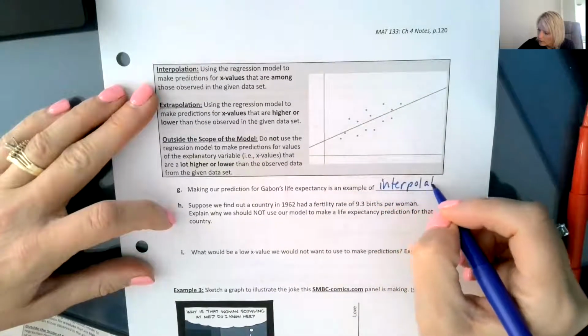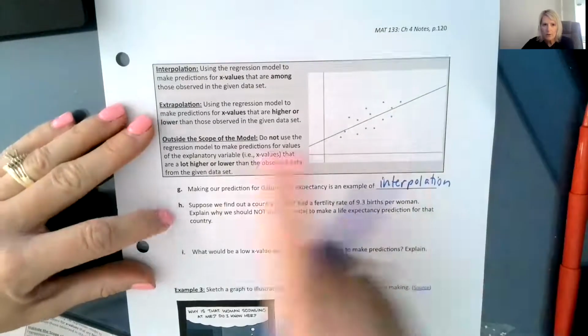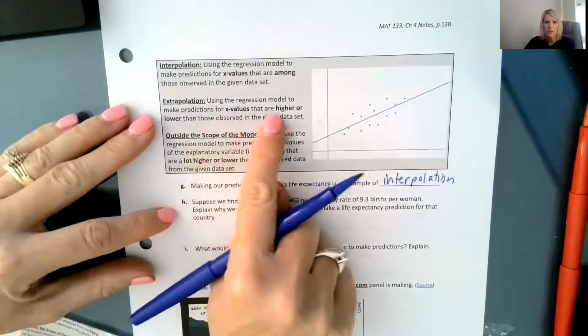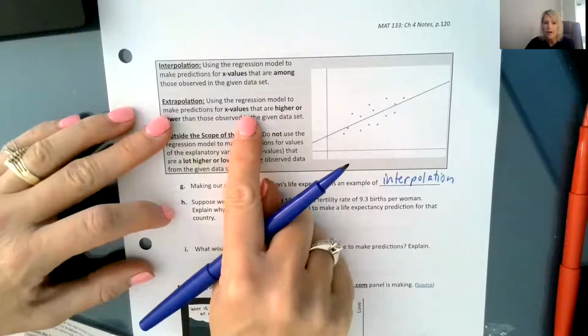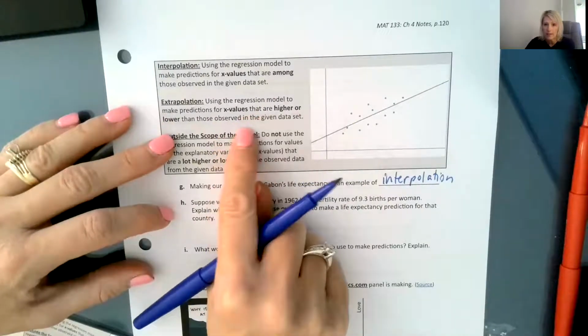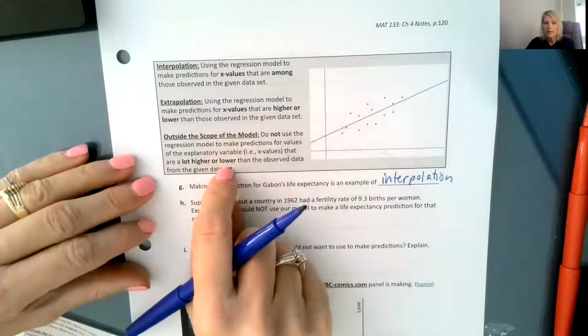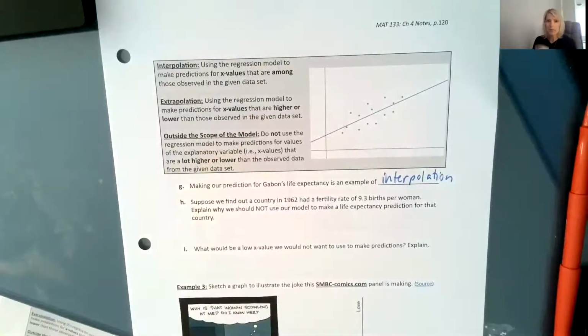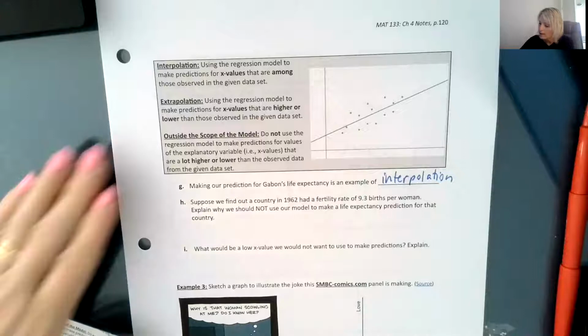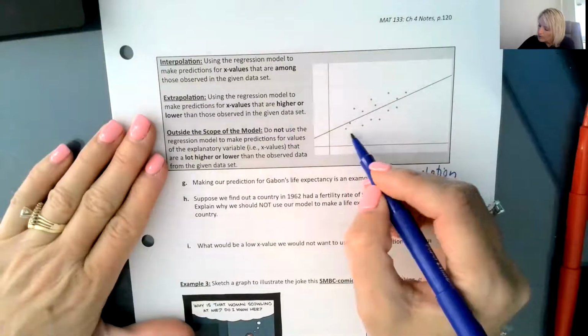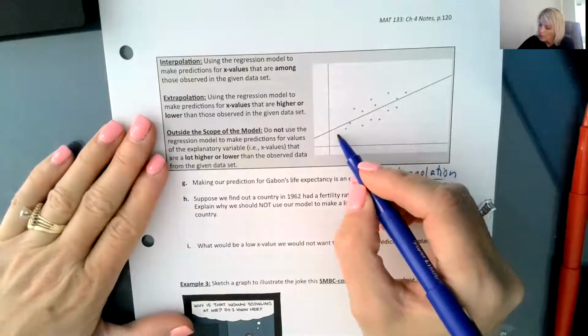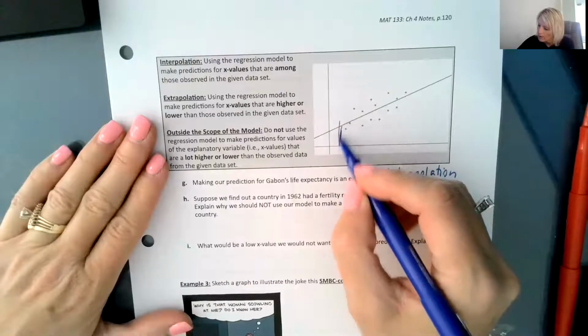Extrapolation is using the regression model to make predictions for X values that are higher or lower than those observed in a given data set. It's outside the scope of the model. Do not use the regression model to make predictions for values of the explanatory variable X that are a lot higher or lower than the observed data. So you don't really want to go outside of here.